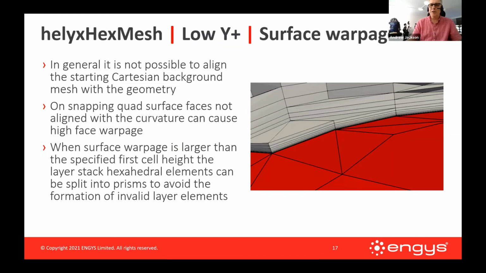So when the faces are not aligned and the face warpage is of the order of, or greater than, the first cell height, then we split the hex elements into prisms to avoid the formation of invalid elements.